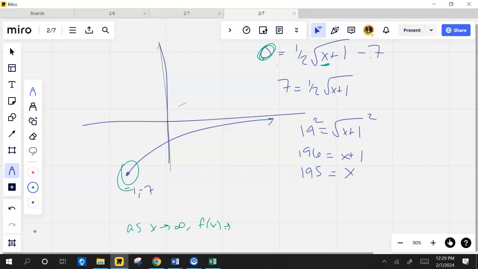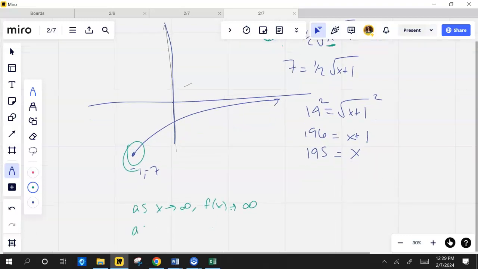So added 7 to both sides, multiplied by 2, squared it, and subtracted 1. As x goes to infinity, f of x, so on the right side of the graph, is still going up. And on the left side, well, there is no left side. X never goes to negative infinity.